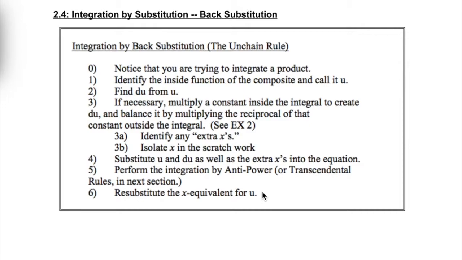And so the second step is to take the derivative of u, and then the third step, if needed, you multiply a constant inside the integral to create du and balance it out by multiplying the reciprocal of that constant outside of the integral. And so there are two parts of this step.